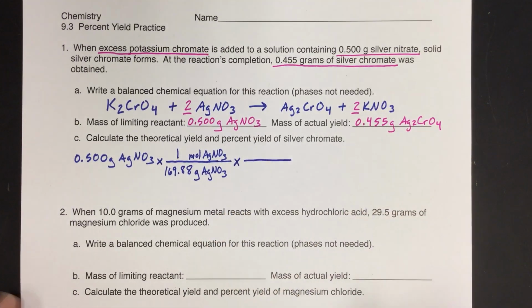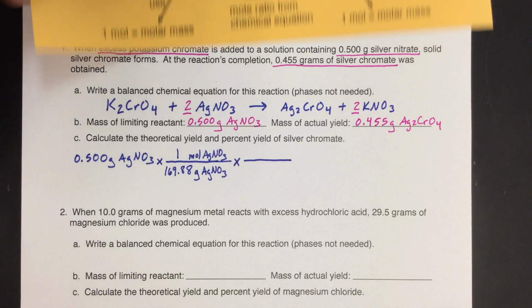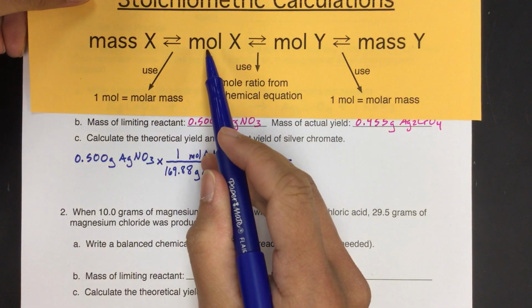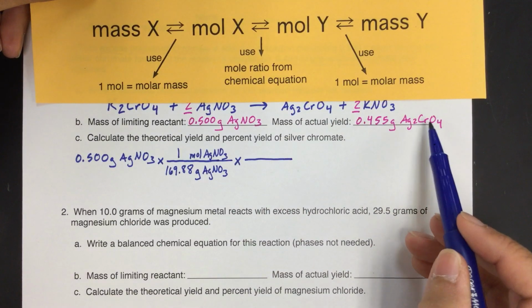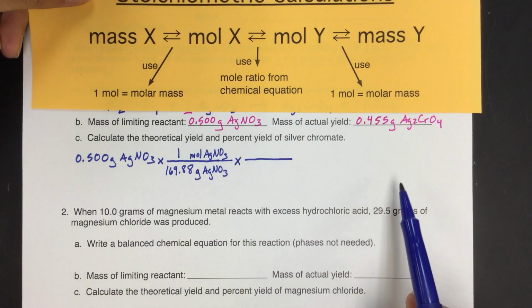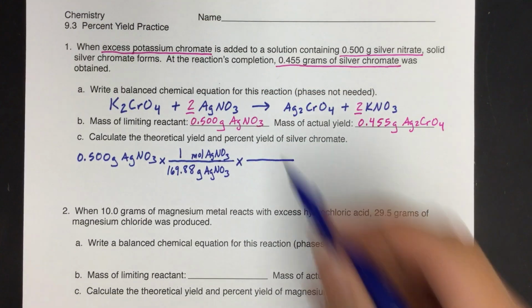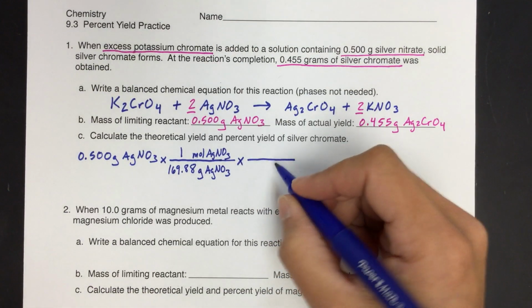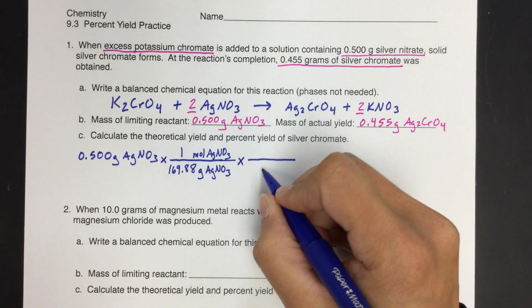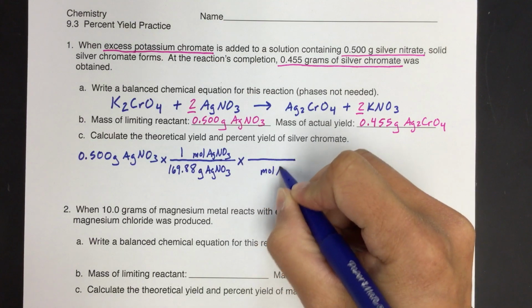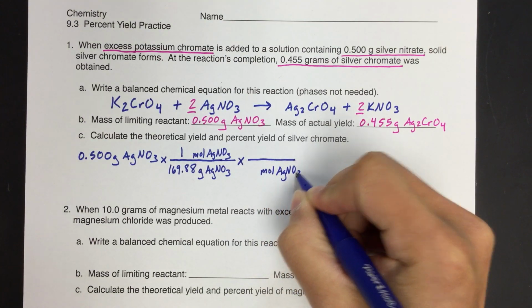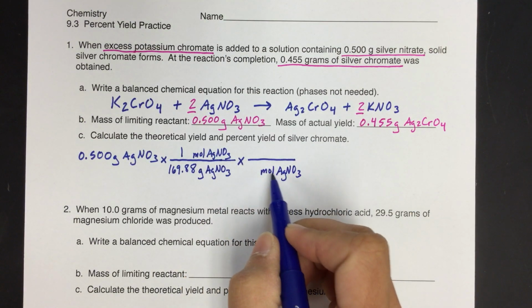Now we need to have another conversion factor where we convert moles of silver nitrate to moles of silver chromate, because that's what we need to compare. So we're going to do a mole-to-mole conversion using the coefficients from the balanced chemical equation. So I know that moles of silver nitrate needs to go in the bottom here to cancel that.